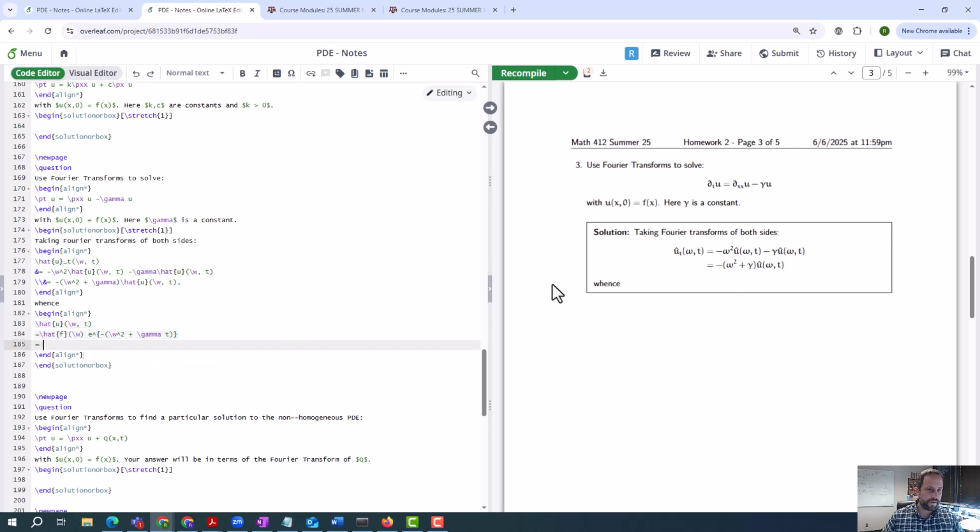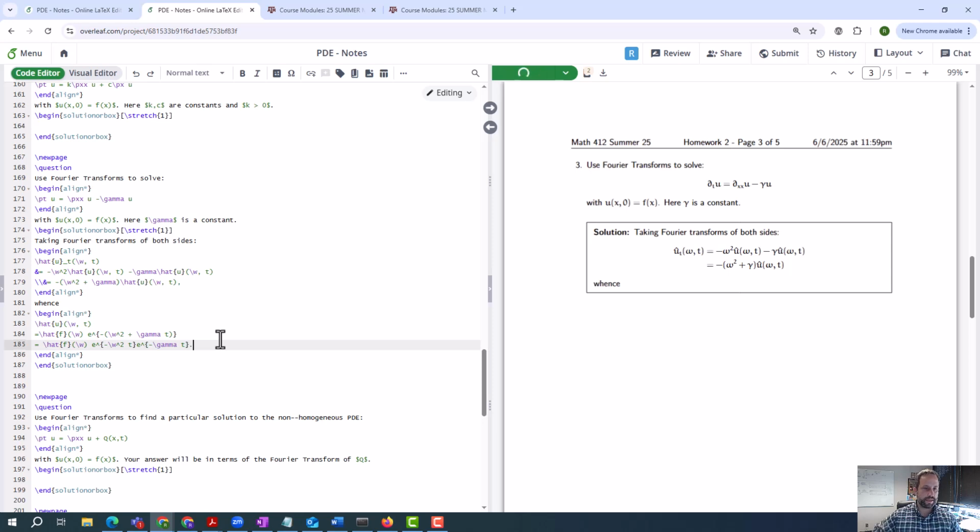The truth is, this is a somewhat quick problem, but because of all of my rambling, I've made it even longer. It's e to the minus omega squared t, and then e to the minus gamma t, because that's just a product.